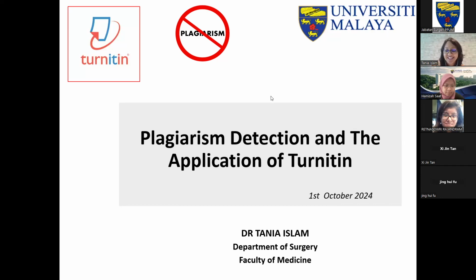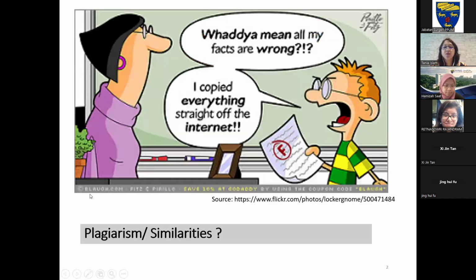Okay. So maybe I will give just a brief about it. Before we start with Turnitin, you need to know about plagiarism or similarities, because plagiarism actually means taking someone's work, stealing someone's work, with or without their consent.